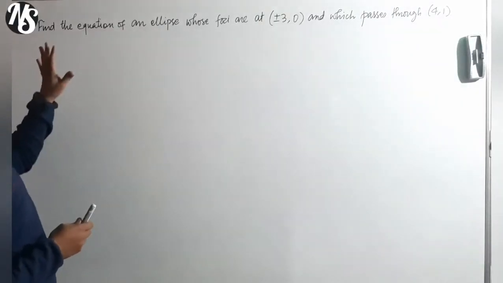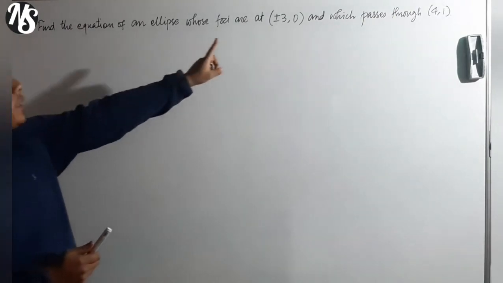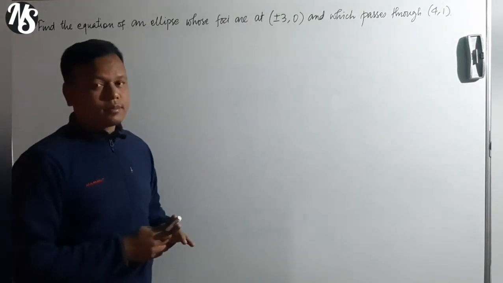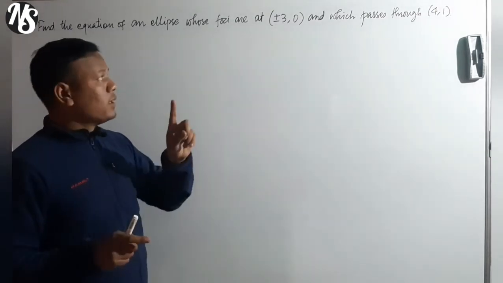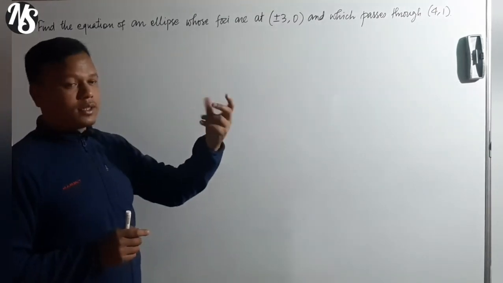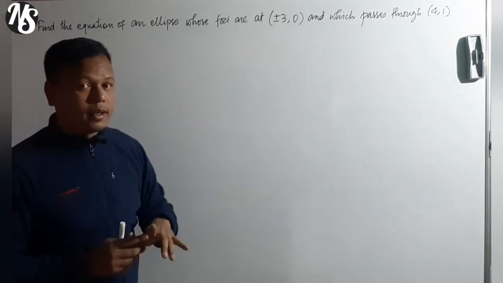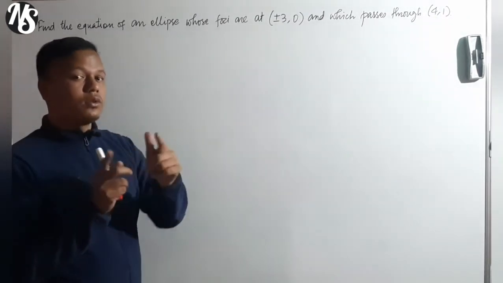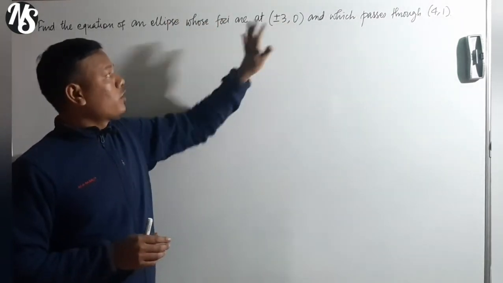Now you are asked to find the equation of the ellipse whose foci are at this and which passes through 4 comma 1. Again, if you go to that particular table, you'll find that the standard equation x square by a square plus y square by b square equals 1 will have a greater than b, because only in that case we have foci somewhat like this.